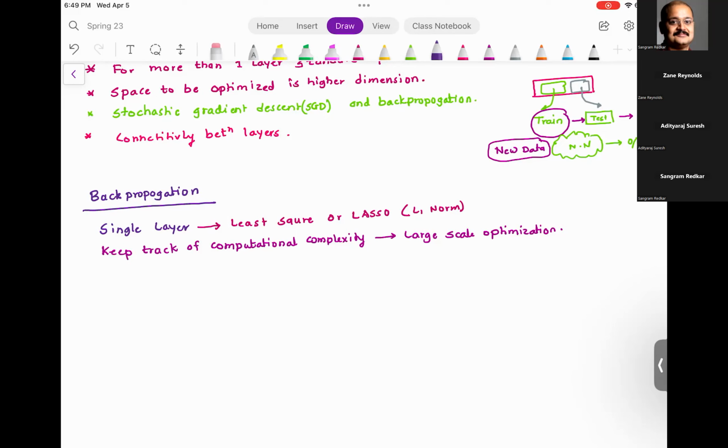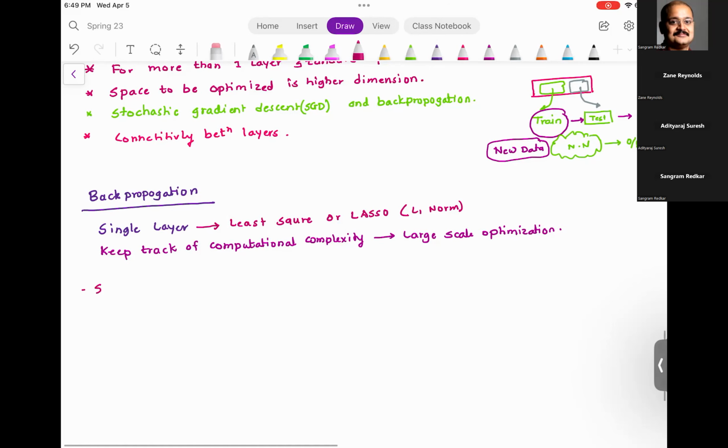So let's see how this back propagation algorithm works for a single node, one hidden layer network.